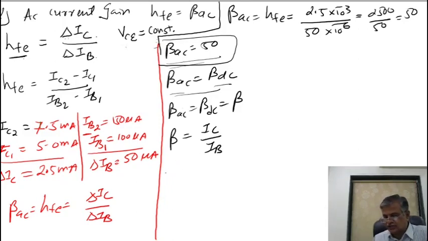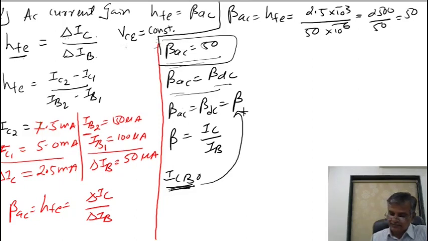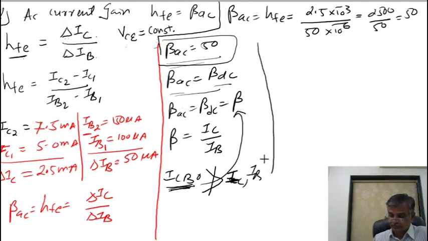Generally, when the leakage current ICBO is not too large compared to collector current and base current, then beta AC and beta DC are equal, and we write it this way. This term should not be large compared to these two. Then beta AC and beta DC are the same.